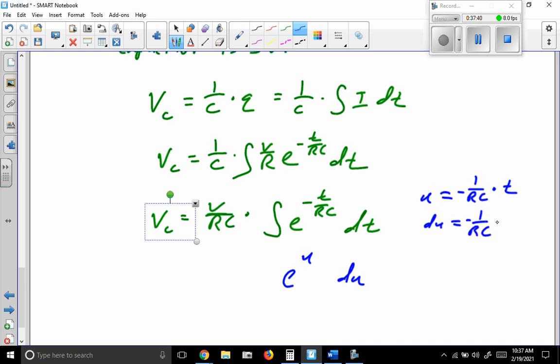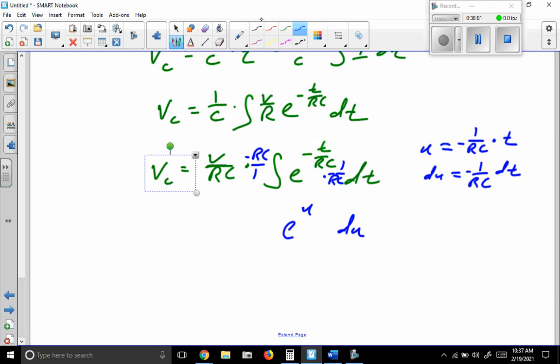The derivative of t is 1 dt. So we need to pick up a negative 1 over RC on the inside, and we need to multiply by negative RC over 1 on the outside. Notice the negative RC on top and negative RC on bottom cancel. So this would be e to the u, and that would be du.